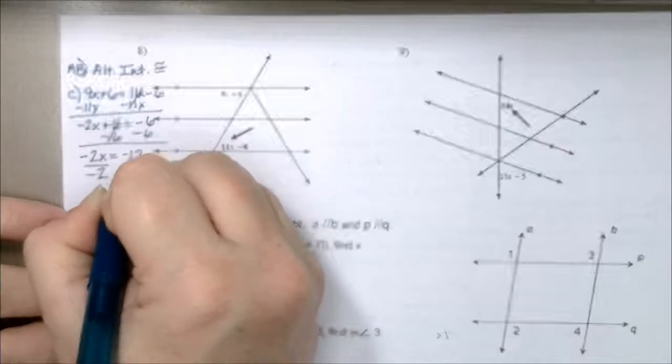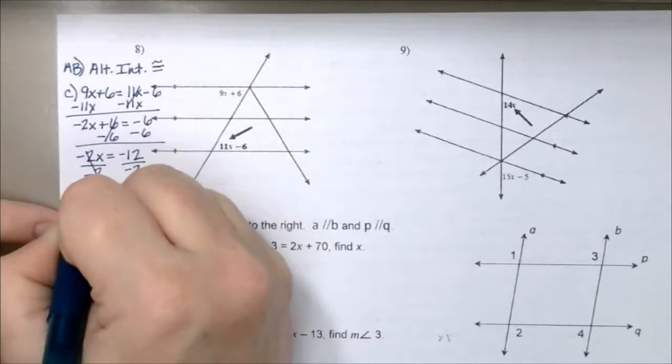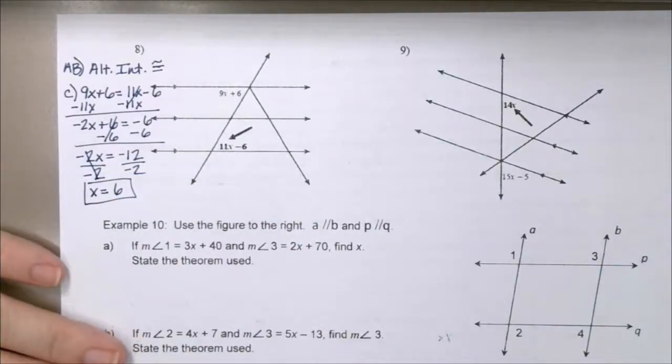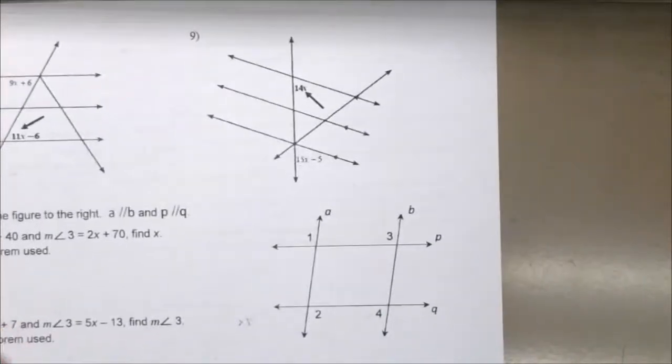That one is the 14x. And then the lines that make up this would be this one and this one. And it does say that these two lines are parallel, right? Yes, there's an arrow there and an arrow there. Boom, boom. And this one is 15x minus 5.